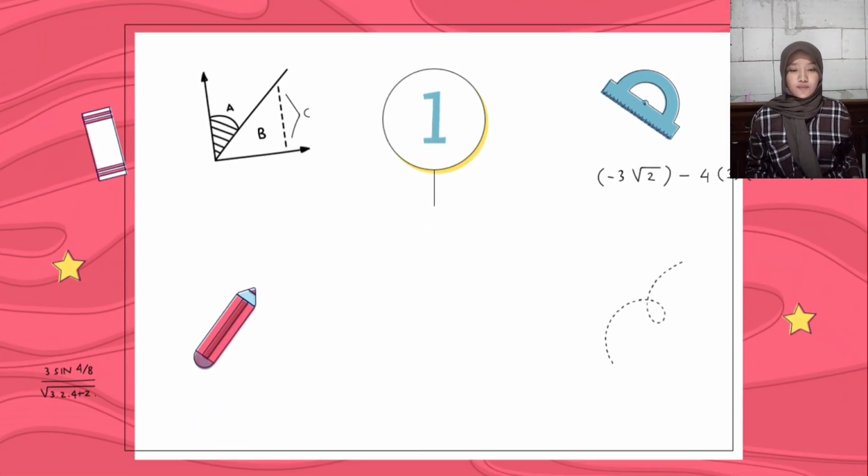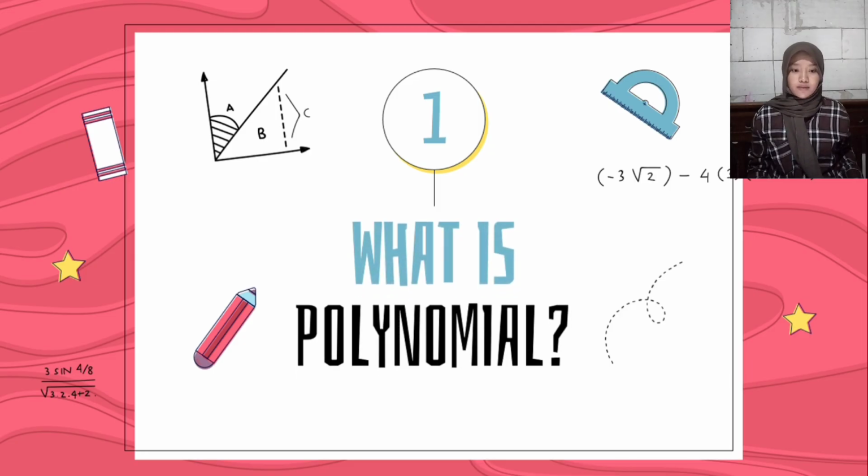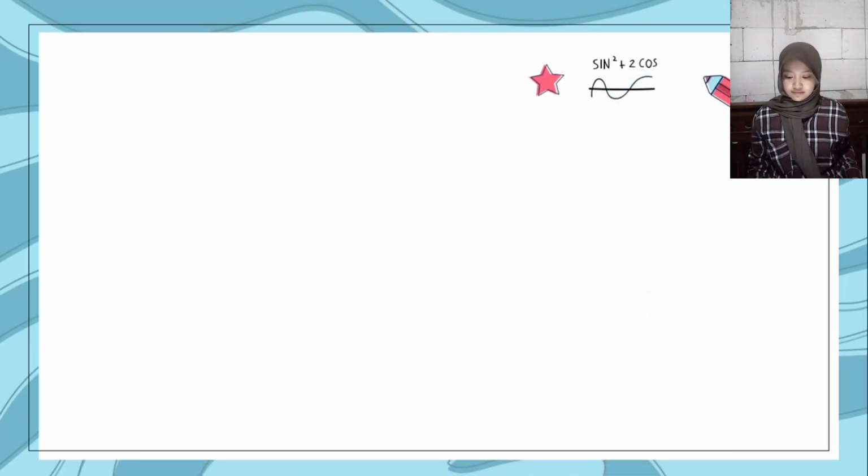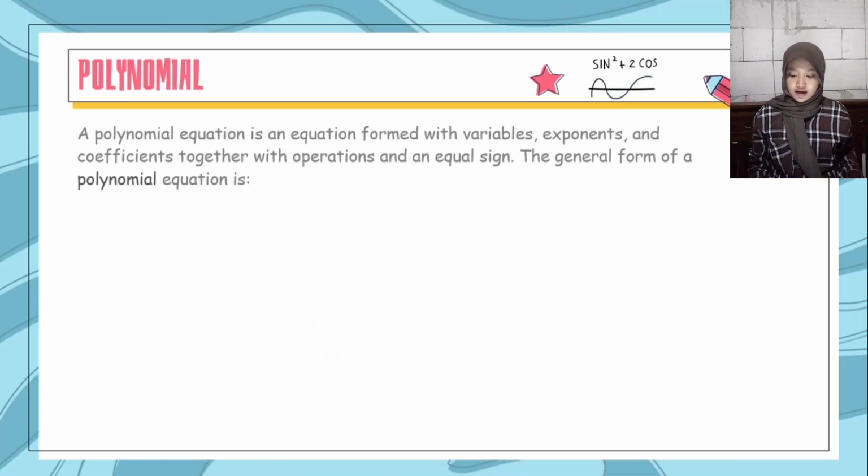Before going to the roots of polynomial, first, what is polynomial? A polynomial equation is an equation formed with variables, exponents, and coefficients together with operations and an equal sign.